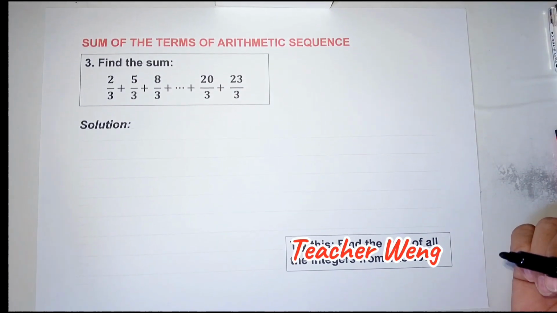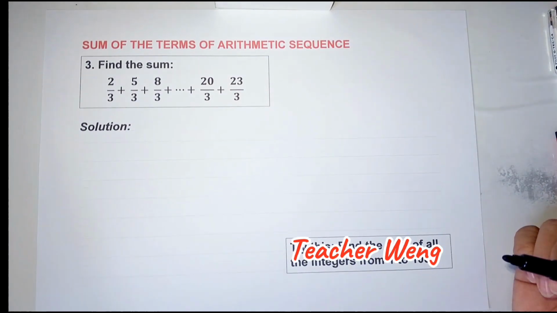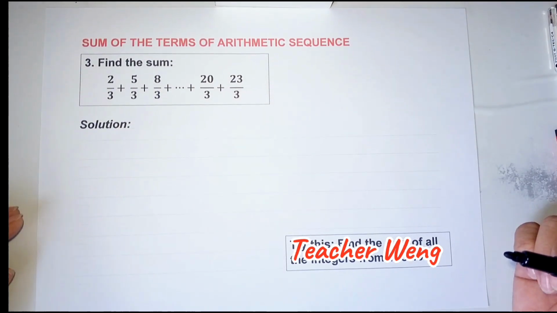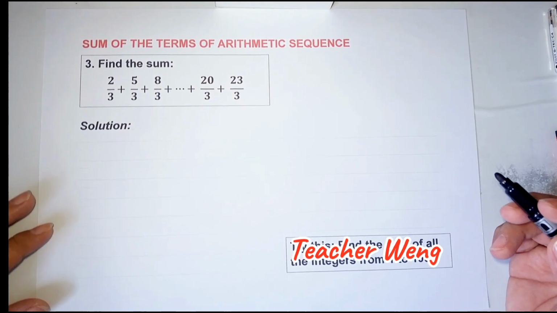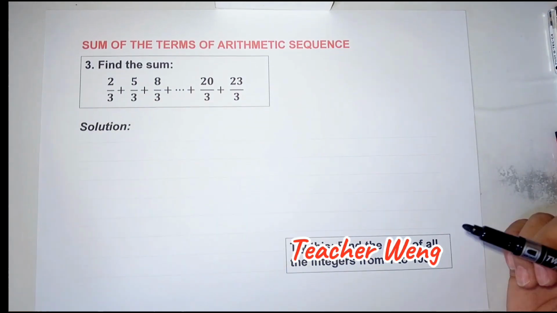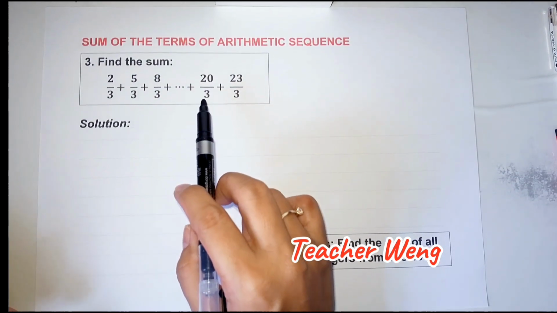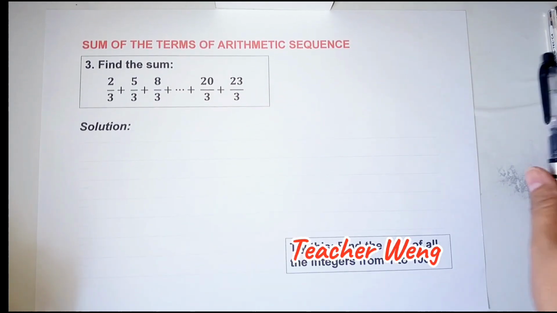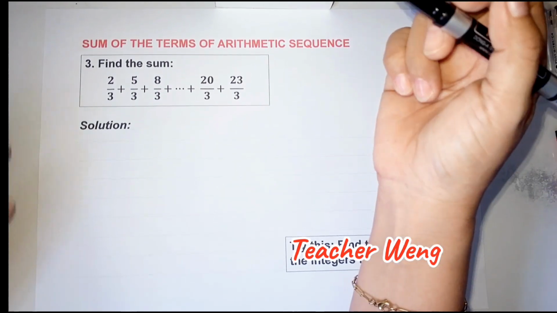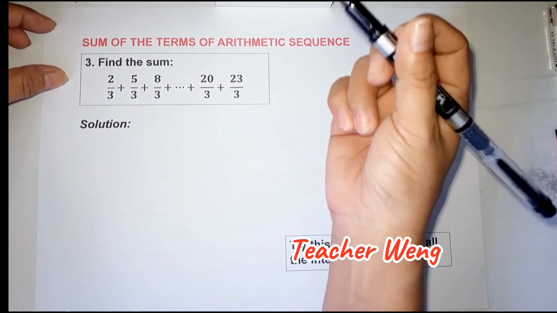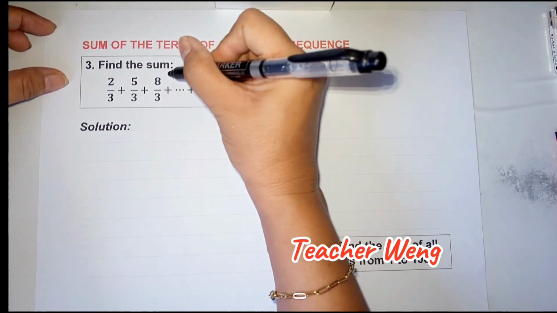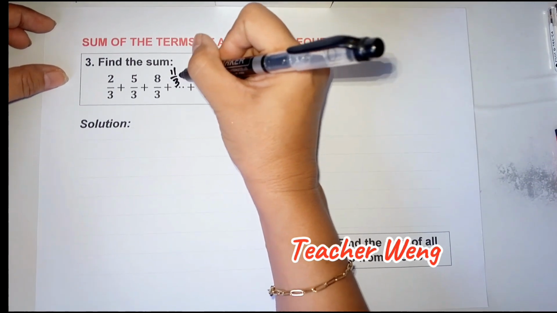Find the sum. 2/3 plus 5/3 plus 8/3 plus and so on plus 20 over 3 plus 23 over 3. Now, since 20 over 3 is somewhat near to 8 over 3, we can deduce the missing terms. The missing term will be 11 over 3.